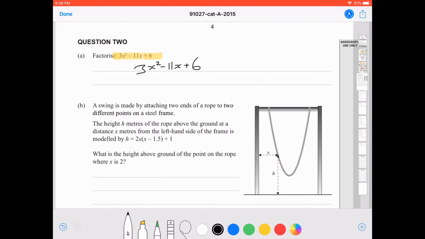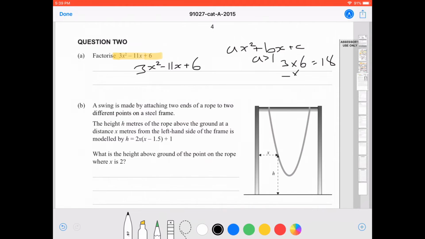Now this quadratic is interesting in that the a term, so when I say that, a quadratic is written in the form ax squared plus bx plus c. The a term in this case is greater than 1. Okay, it's 3. And so that means the first thing we do here is multiply a by c. So 3 times 6 equals 18.